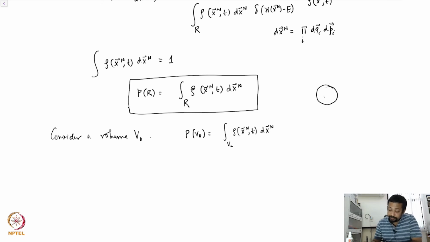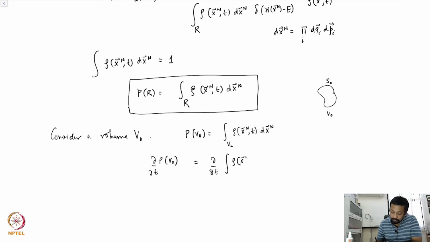Now, if I have this region V0, let's not make it a sphere, let's make it slightly arbitrary, this volume V0 will enclose a surface S0. So the time derivative of this probability, del t of P of V0, is going to be the integral over V0 of del t of rho of xn comma t dxn.